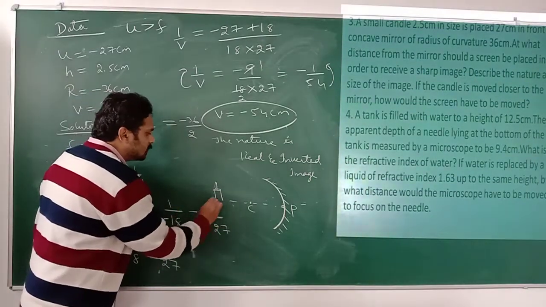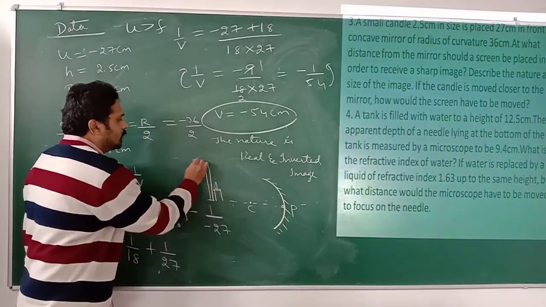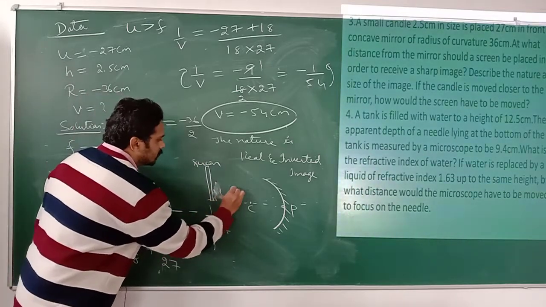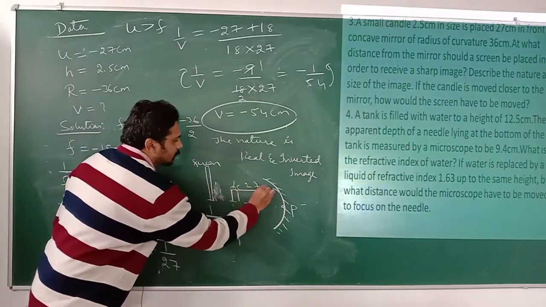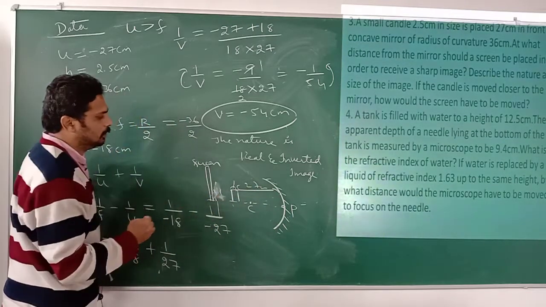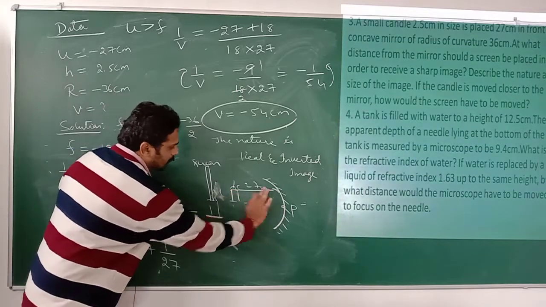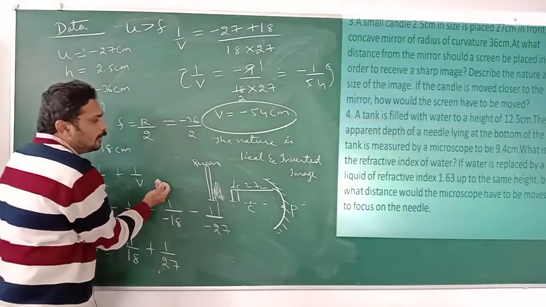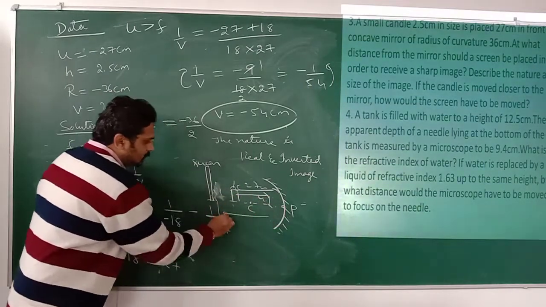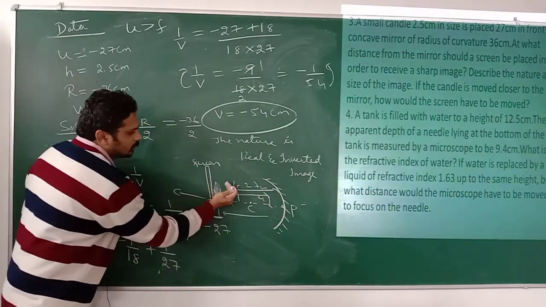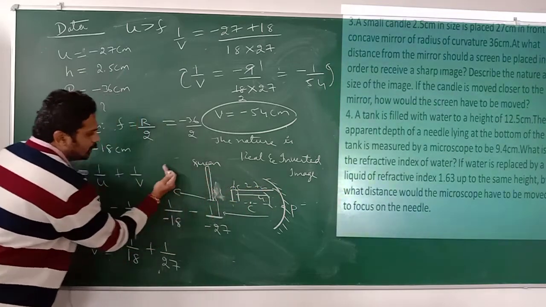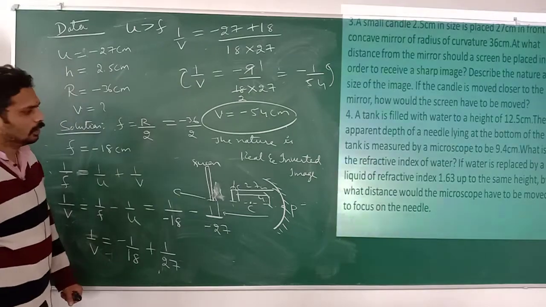Suppose this is the object at 27 centimeter and this is the image distance. You have to place the screen here. Now you move the object, so you have to move the screen away. This distance decreases, this distance increases. So the object is moving closer to the mirror, and the screen is moved away from the mirror.